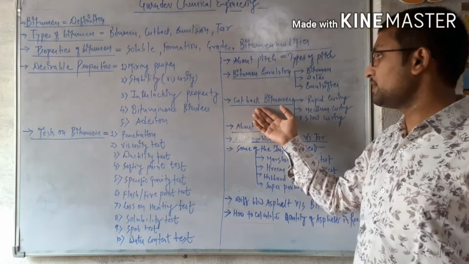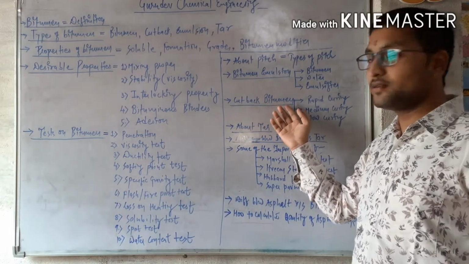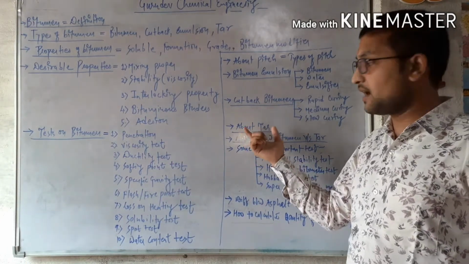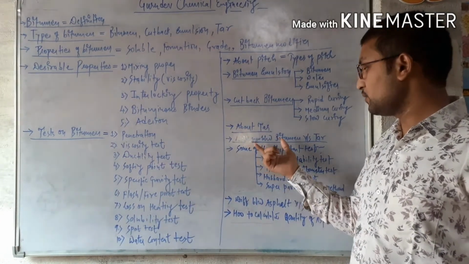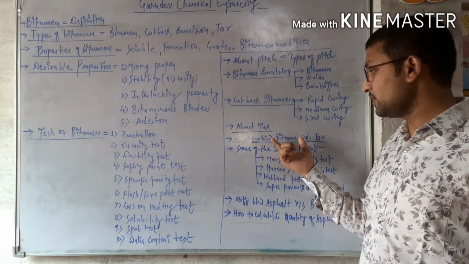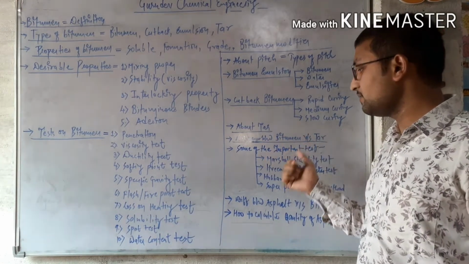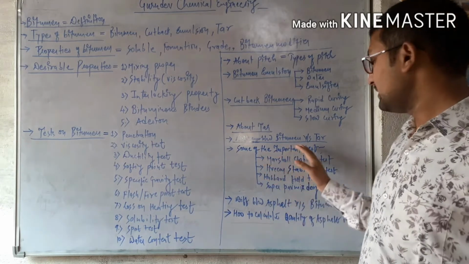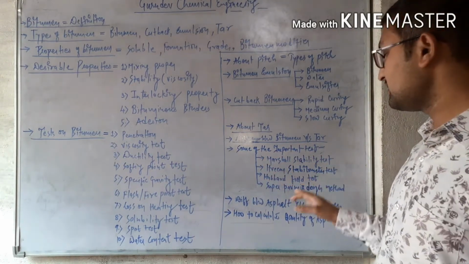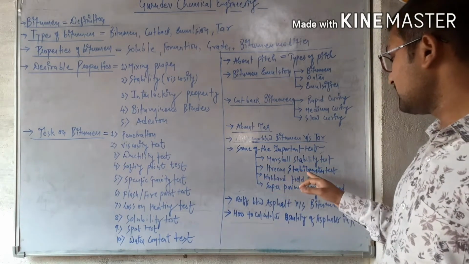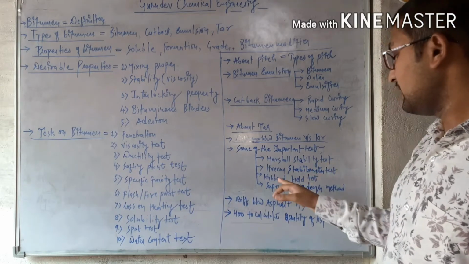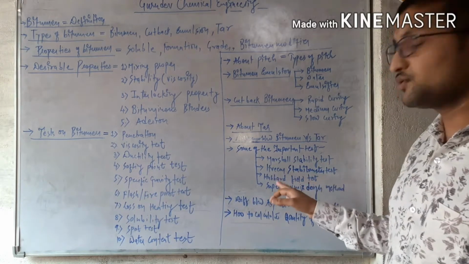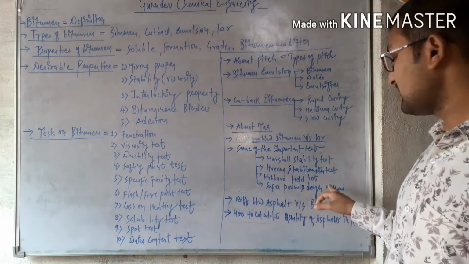Now second is cutback bitumen, and we will also know about tar, and the difference between bitumen and tar, and some important tests like the Marshall stability test, Hveem stabilometer test, and the Harvard field test, Superpave mix design method.